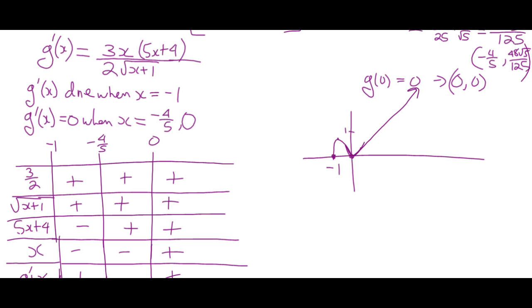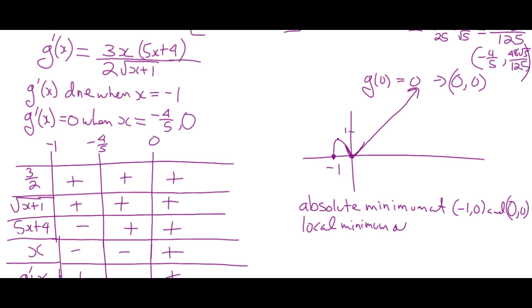So, yeah. Okay, so we have an absolute minimum at negative 1, 0, and 0, 0. We have a local minimum at 0, 0.